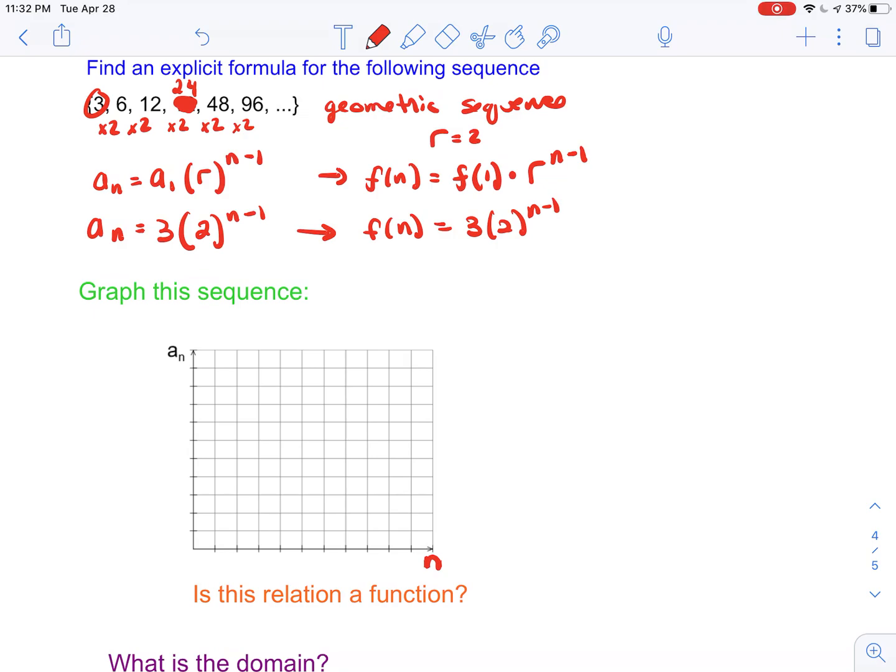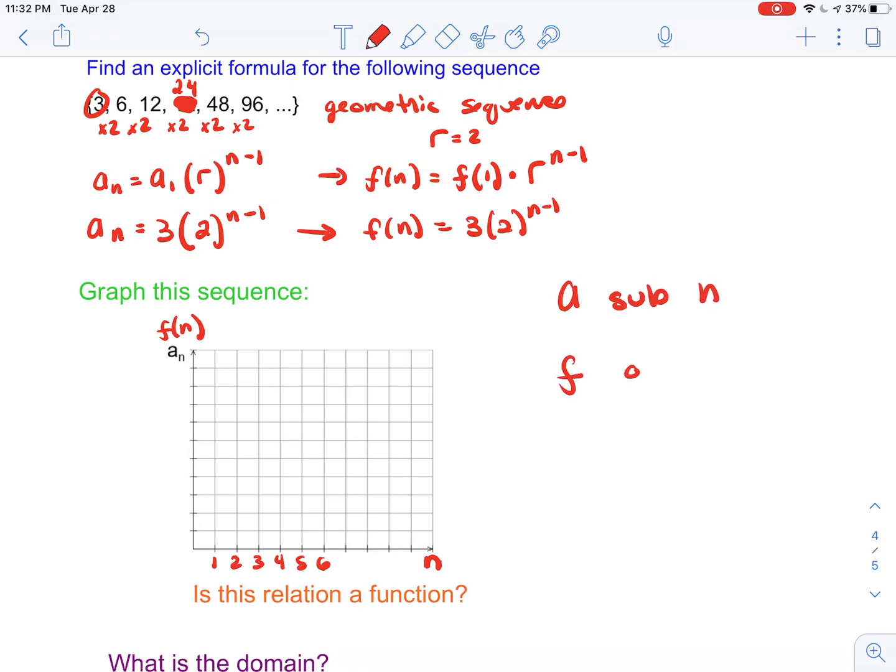So again, my x, which should really be my n values, are going to be my place settings, right? My first term, my second term, my third term, my fourth term, my fifth term, and my sixth term. The a sub n, or also f of n, I keep getting those two confused.